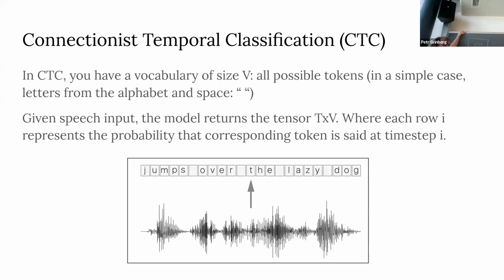P0 is the probability that the zero token from your vocabulary is located in this column. P1 is the probability that the first token is contained in this column, and so on. So you will get a table of probabilities for each column.